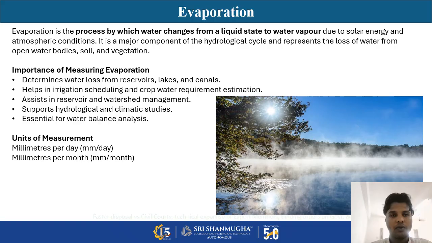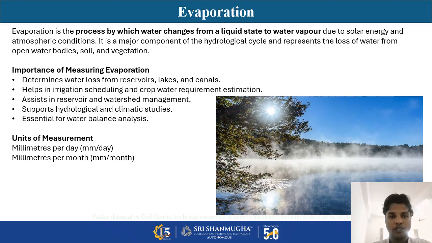So evaporation is the process by which water changes from liquid state to water vapor. It happens due to solar energy and atmospheric conditions. It is a major component of the hydrological cycle and represents the loss of water from open water bodies, soil and vegetation.